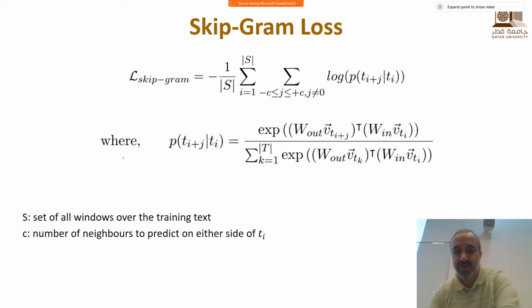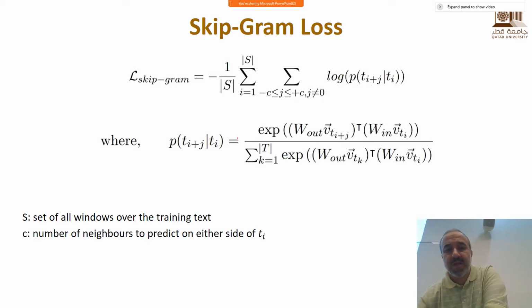If you look at this loss function, forget about this minus now, it's 1 over S. What is S? S is all the windows over the training data. We defined this window, right? So all possible windows in the training data, that's the number of all contexts, which is S. So 1 over all the contexts.